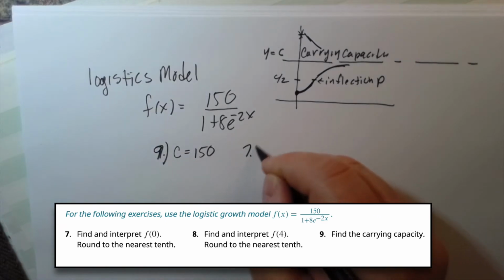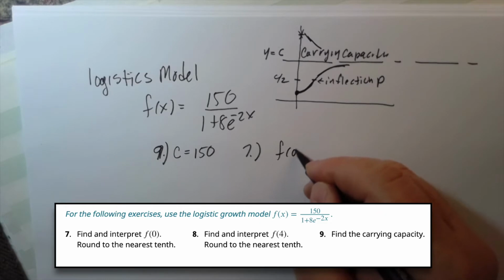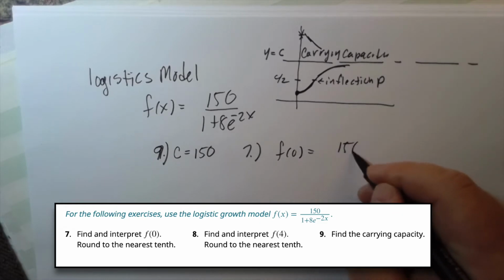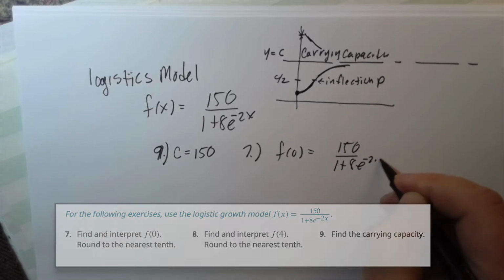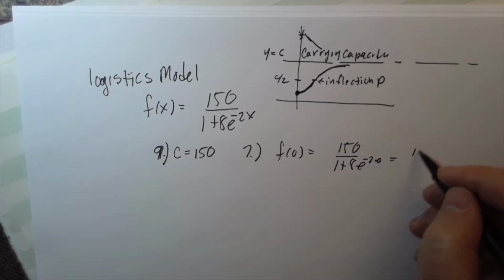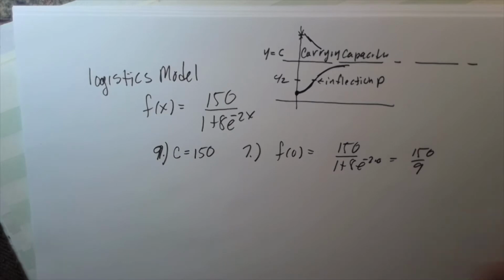Number 7 is just interpret f of 0. So if I plug in 0, I would get 150 over 1 plus 8 e to the minus 2 times 0, which is just 150 over 9. So this would be the starting population or the starting value, whatever that is.